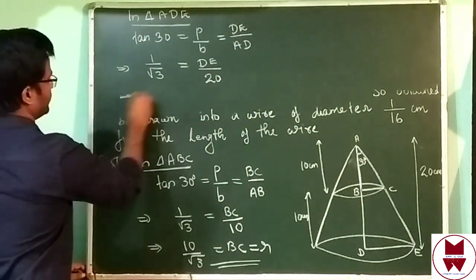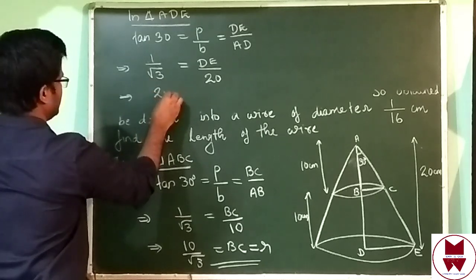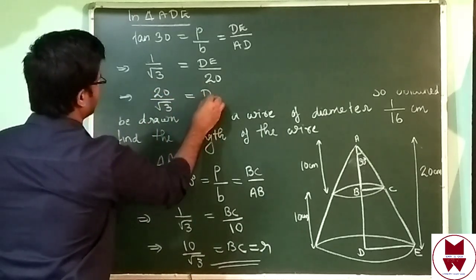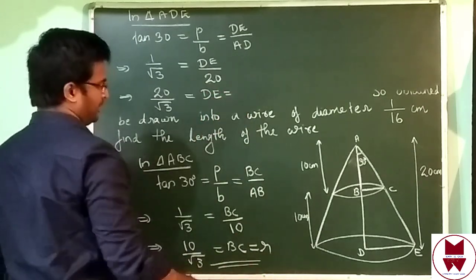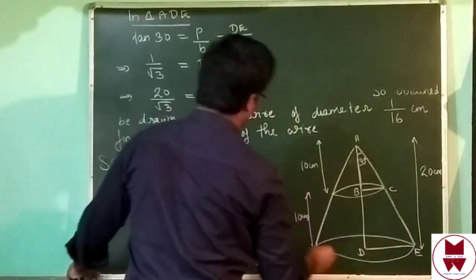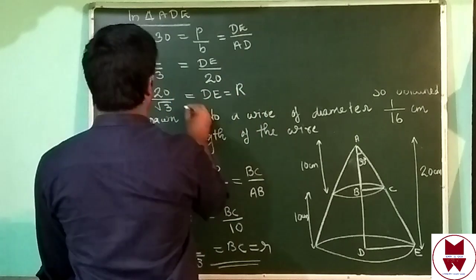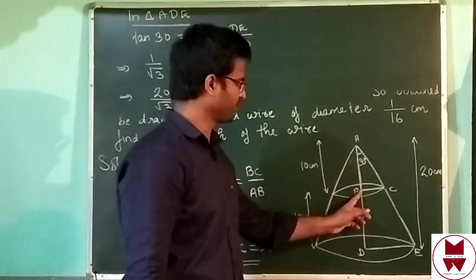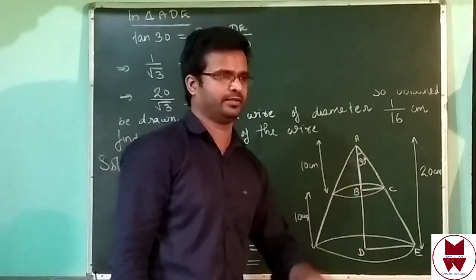Then 20 brought to the left side, 20 divided by root 3 equal to DE. DE is the base radius, we take capital letter R. Now we got both radii, BC and DE.